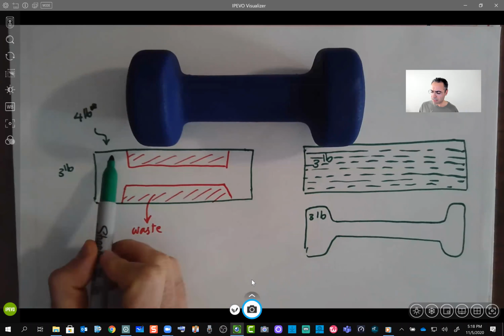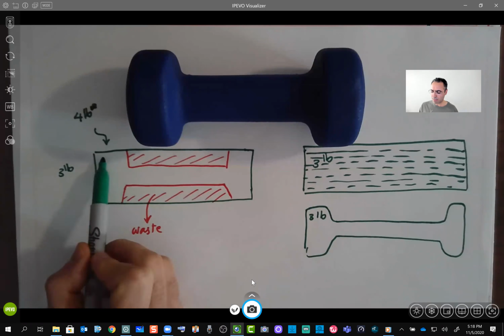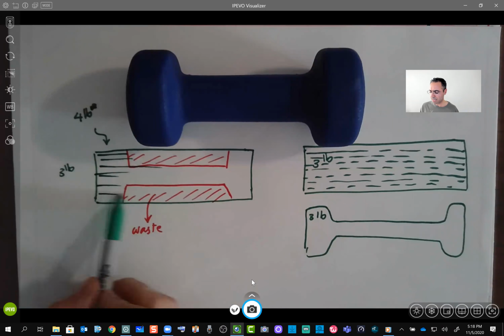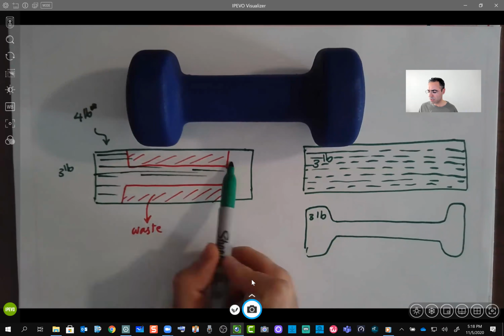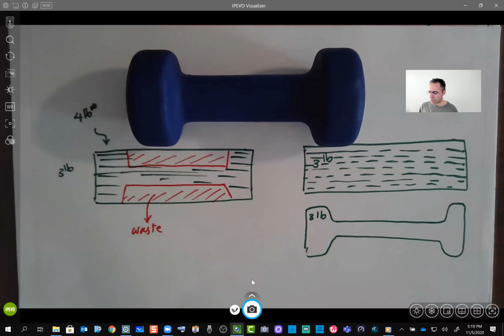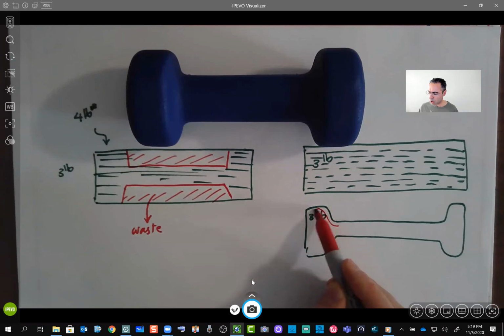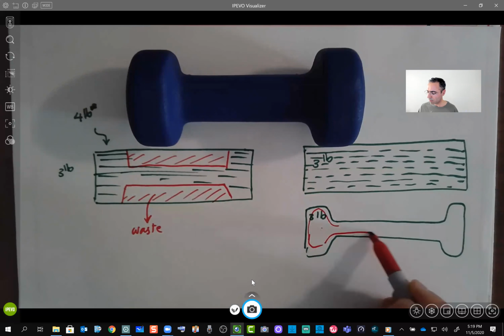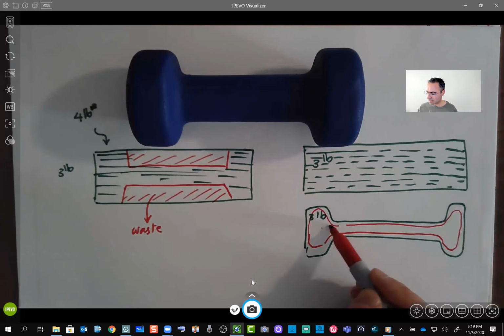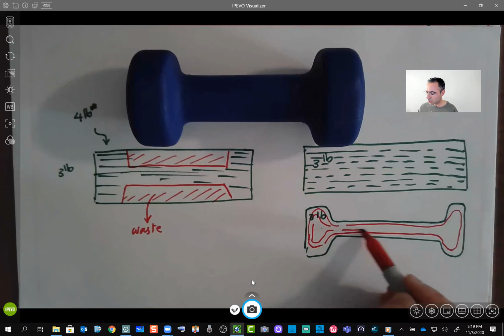If I make this dumbbell by machining, my grains are going to stay in the same parallel way. While if I make it by forging, the grain has to go more in a contour shape like that. So this is going to be the orientation of the grains.